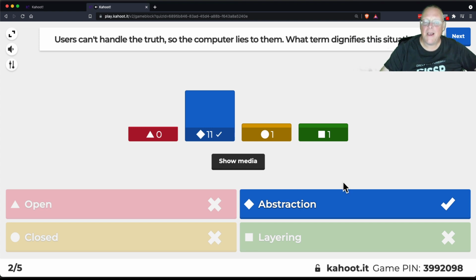All right, that's abstraction. See things only at a certain level. You can just join by going to kahoot.it if you like.